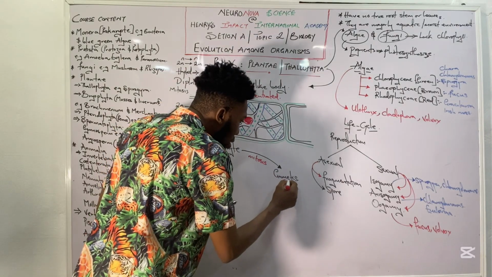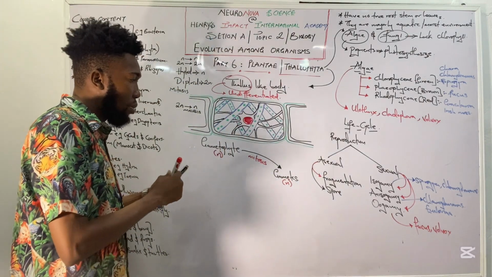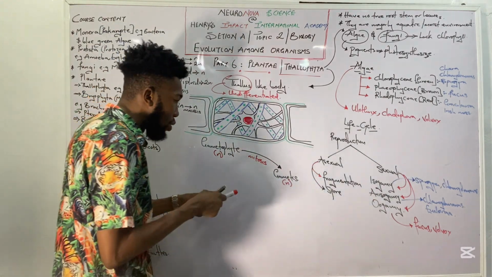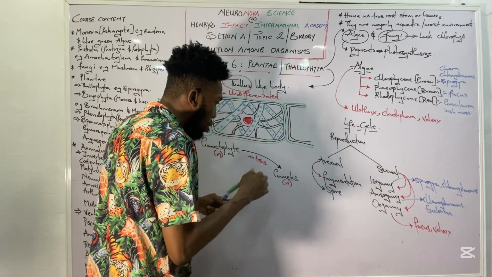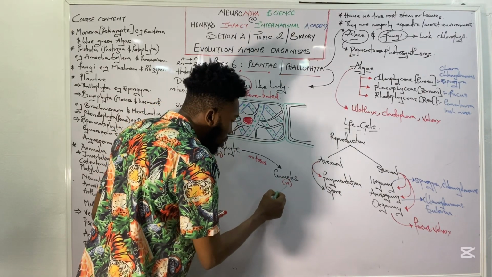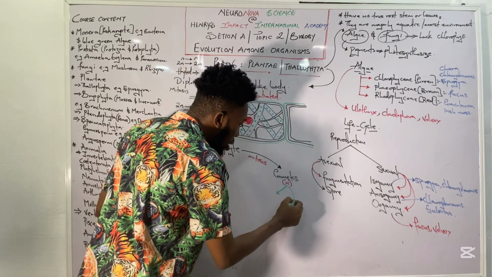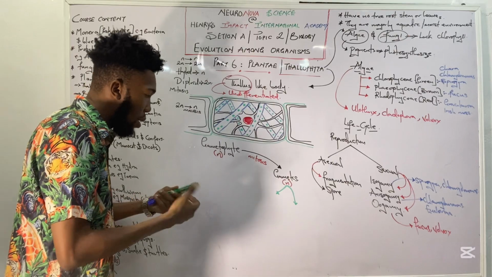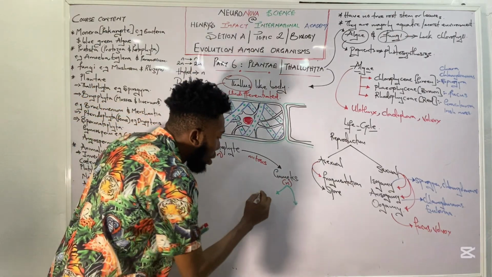So good. I want you to understand something. This gamete here, we have to have two different gametes, the male and female gametes, right? So I'll just do something like this here to make you understand. We have male and female gametes. So this one here and also this one here. So what does that indicate?